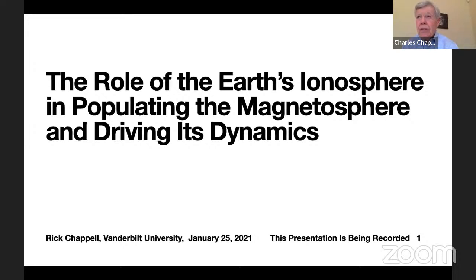And more recently, we're looking at how the ionosphere can drive the dynamics of the magnetosphere. This is just going to be a tutorial in the beginning, and then toward the end, I want to show you some new results that are basically continuing to build a case for the role of the ionosphere and important processes in the magnetosphere.